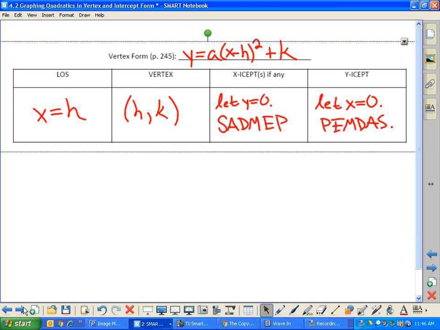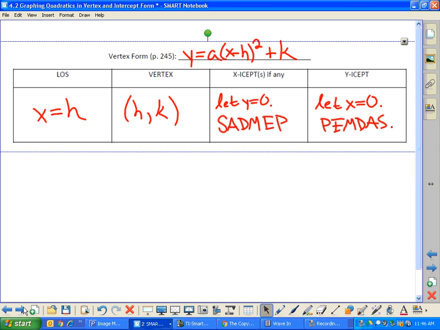Just grab your h value. Remember, h is always what's next to a minus sign. If it's plus, it moves to the left, and so your h value would be negative. Your vertex is then (h, k), just like in the warm-up.